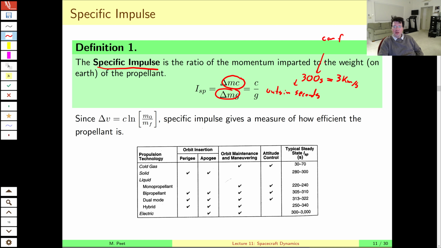So for example, if you have a 300 second specific impulse, a rocket composed entirely of propellant could hover for 300 seconds. That's basically 5 minutes.